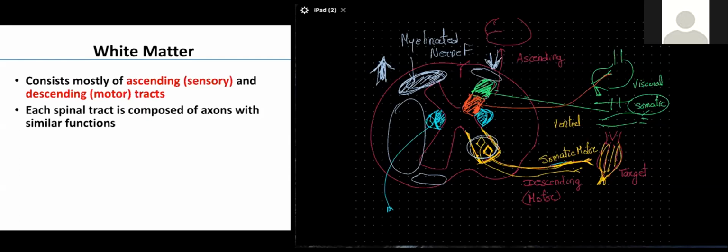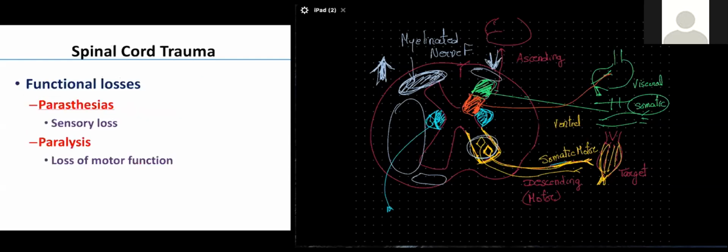Looking at some homeostatic imbalances. First, we're looking at the loss of function of the nervous system. If I have sensory loss, if I lost the ability to detect sensations, this is called a paresthesia.